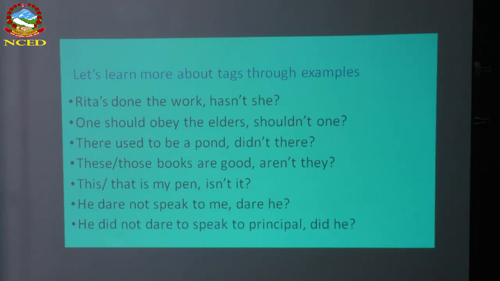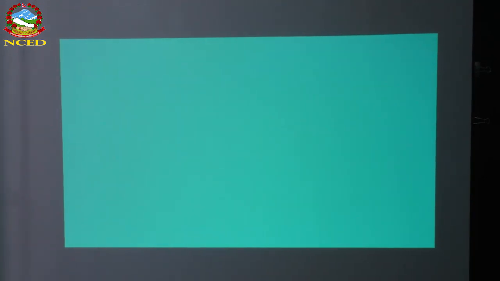But in the same case, if there is use of the do verb, "did," then at that time we don't repeat "dare," instead we repeat the do form. That is, "He did not dare to speak to the principal, did he?" So negative, positive, right? Let's move to the next example.